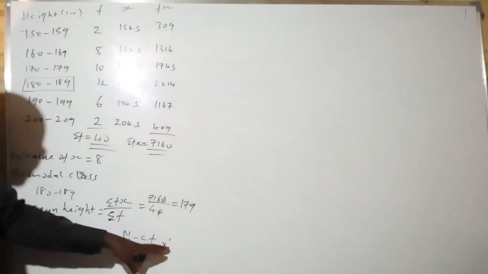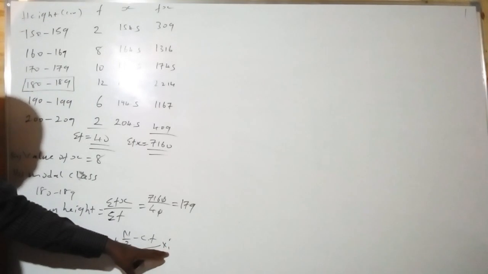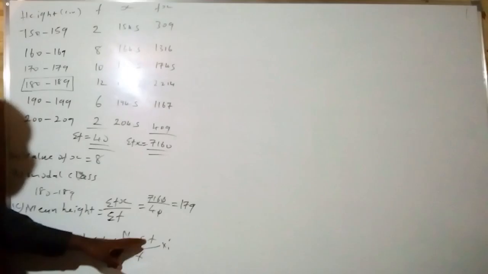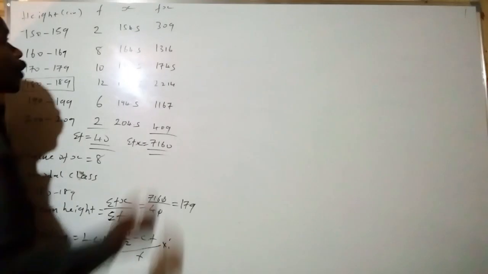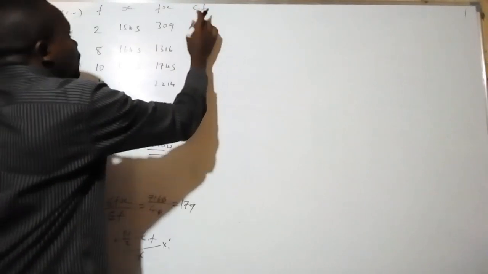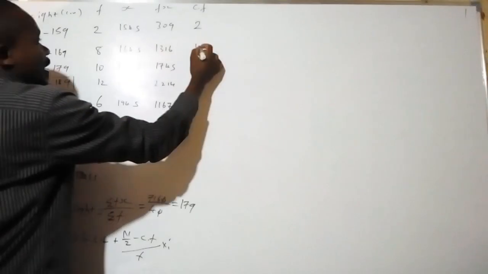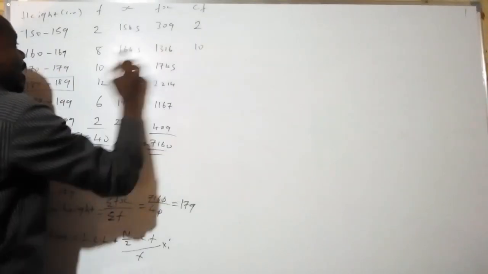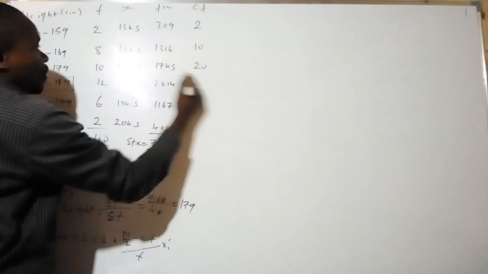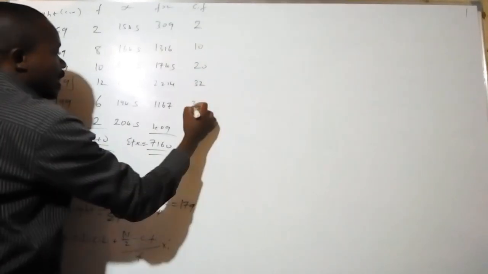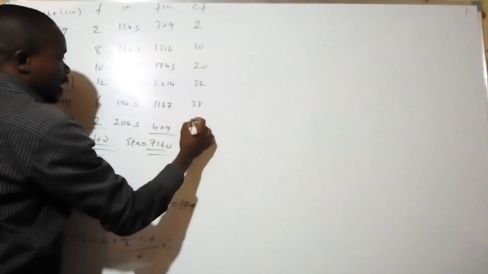What you are going to do in this, you are going to introduce another column known as cumulative frequency, CF. We have 2 plus 8, it's 10, it's like zigzag. 10 plus 10 it's 20, 20 plus 12, 32, 32 plus 6, 38, 38 plus 2 is 40. These are the cumulative frequencies.